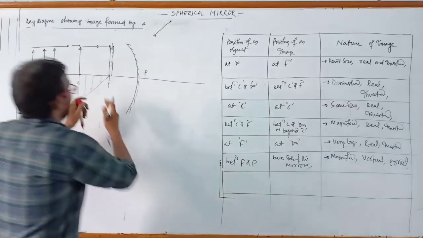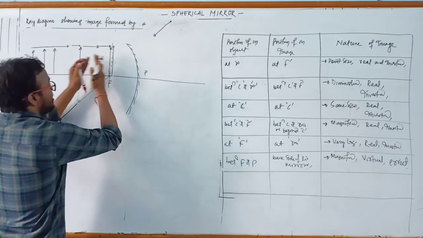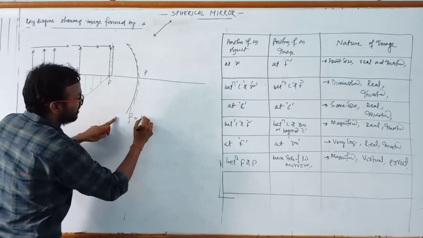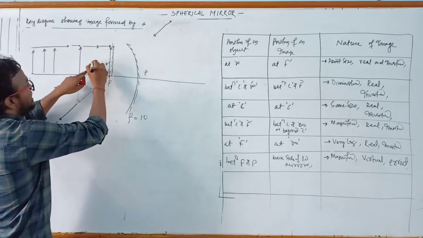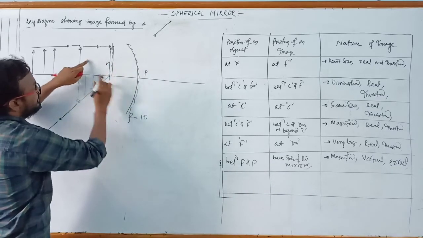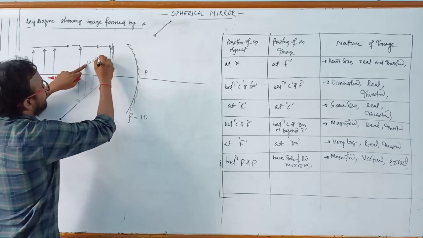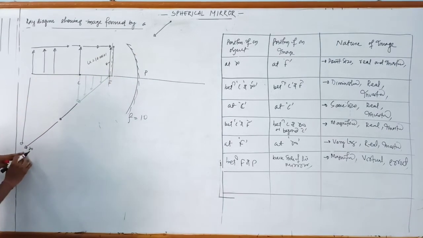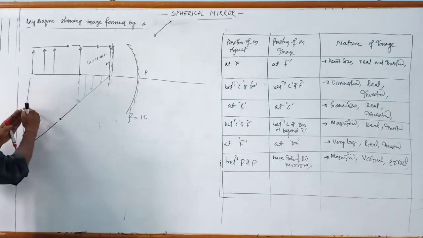There are 2 points, that means just the left side and just the right side. Suppose the focal length of the mirror is 10, and the object distance is u. Suppose u equals 10.000001, then at that time we get an image at minus infinity, because distance is always measured from the pole to this point.